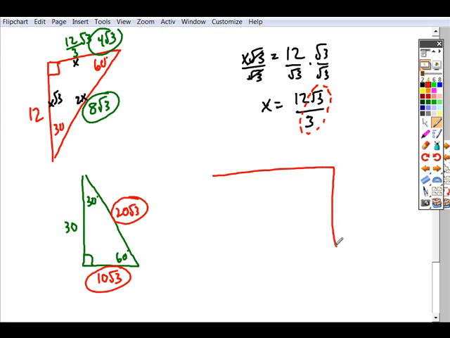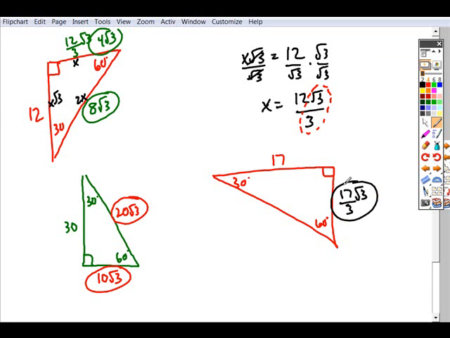Again, the hardest thing that you would probably see on these would be if I gave you a number that's not divisible by 3. So if I gave you something like 17 as the length of your longer leg, then the shorter leg can be identified by taking the longer leg, dividing by 3, multiplying by root 3.